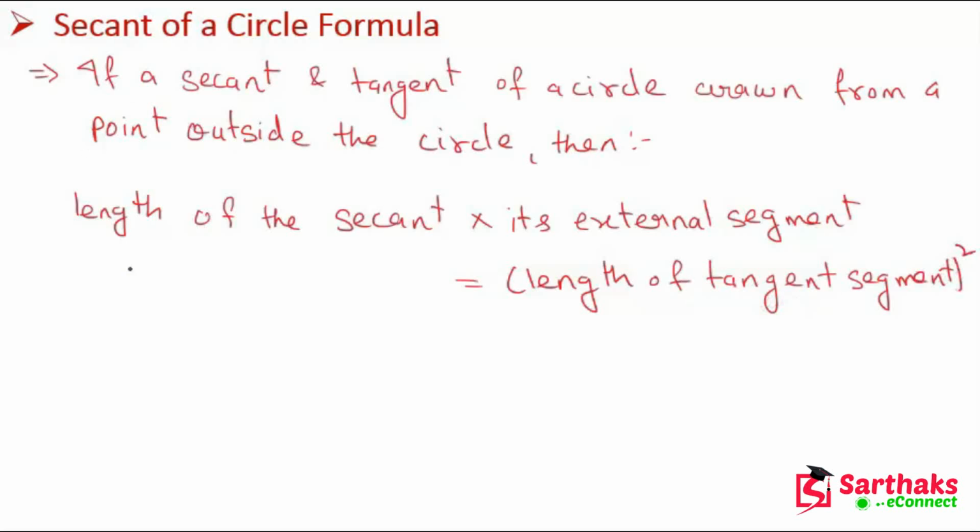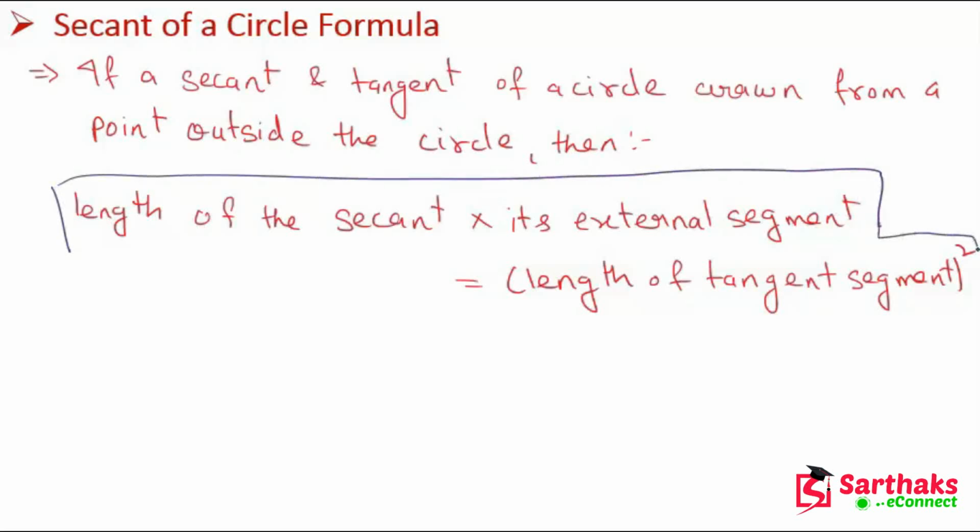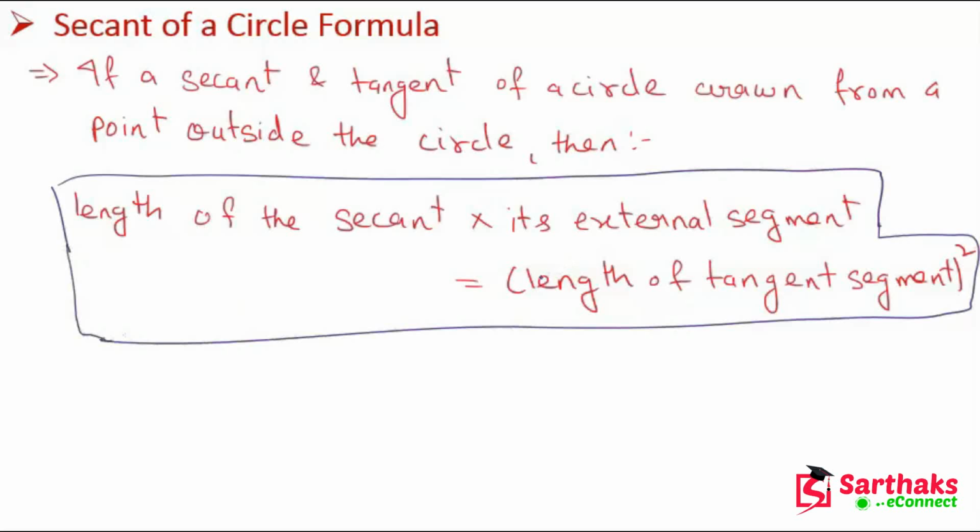So what is the formula? Length of secant into its external segment is equal to length of tangent segment square.